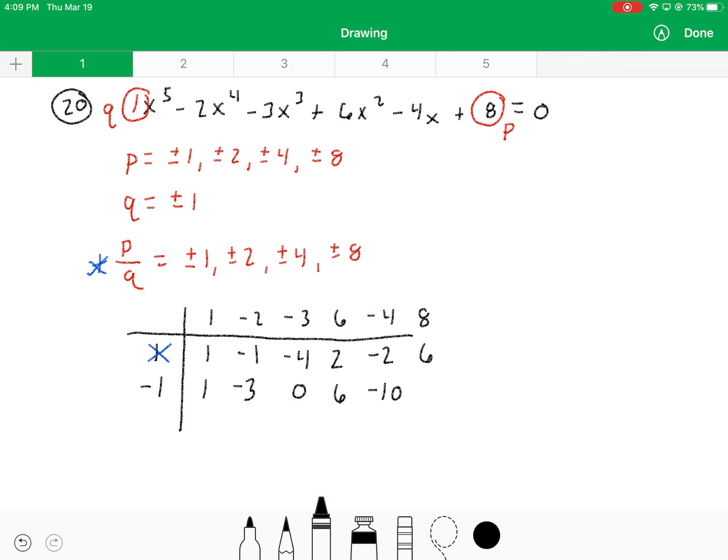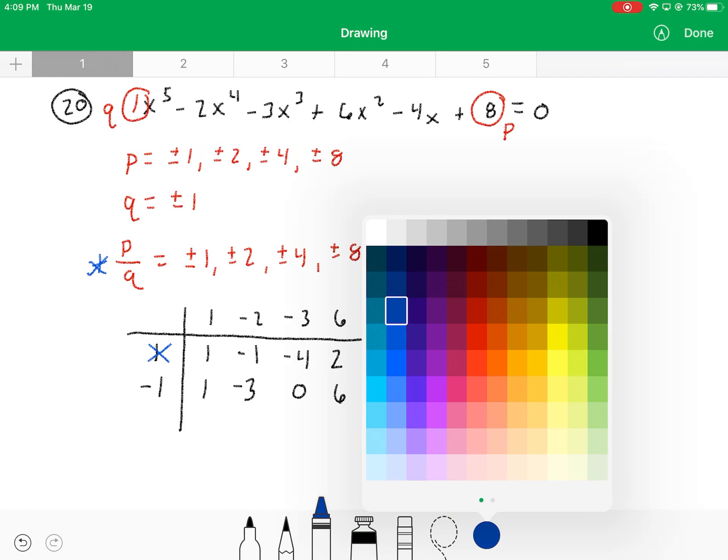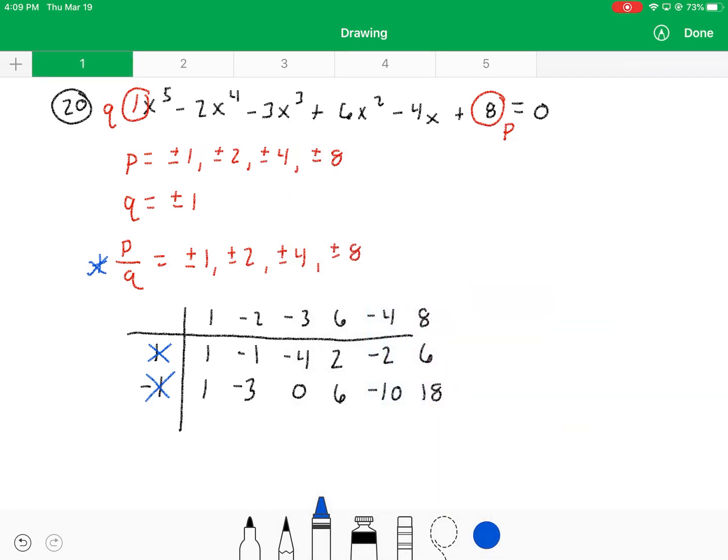And then negative 10 times negative 1, if you add that with 8, you get 18. Clearly not what we're looking for. We want a 0 to finish, so I'm ruling negative 1 out also. So both positive and negative 1 from my list are ruled out.